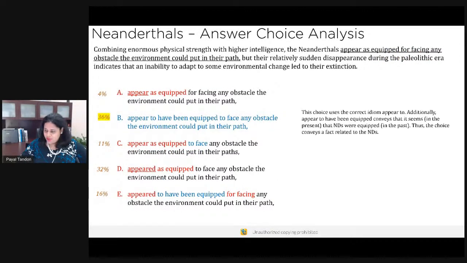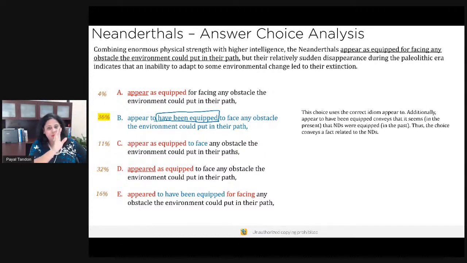Now we're going to take a look at choice B. For those of you who got the meaning right, but who still rejected choice B, you need to take a note of this construction over here. Appear to have been equipped tells you that they were equipped back then.